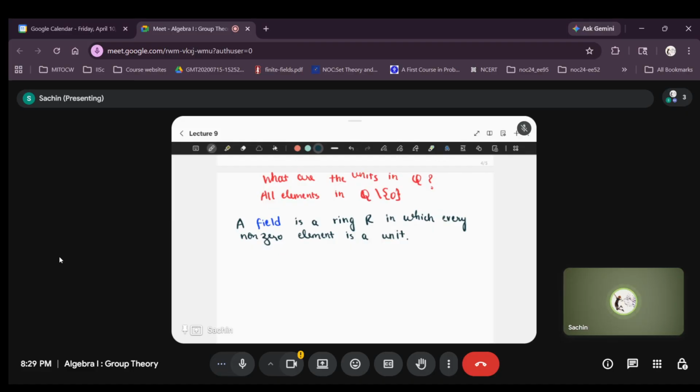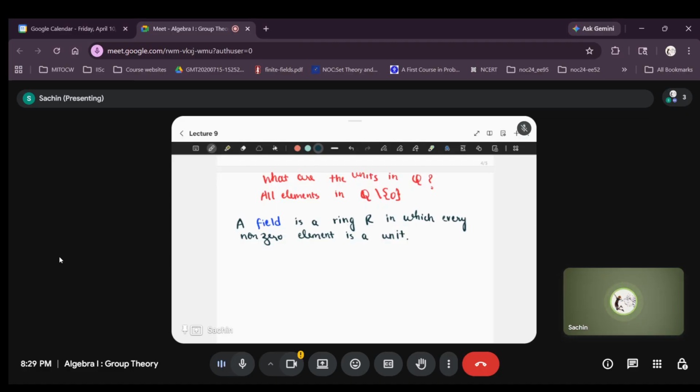If you look at the structure of rings and the structure of fields, the existence of an inverse for all non-zero elements is actually a very large ask. It is asking for a lot.